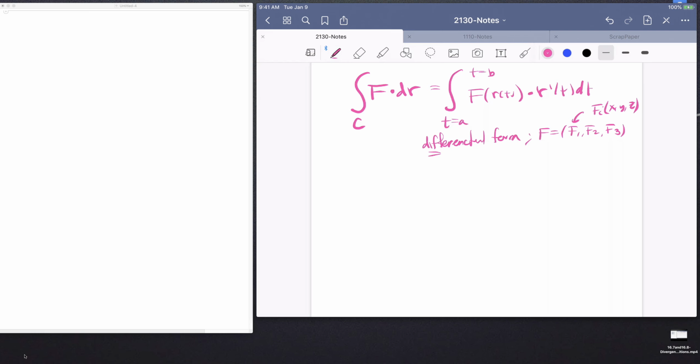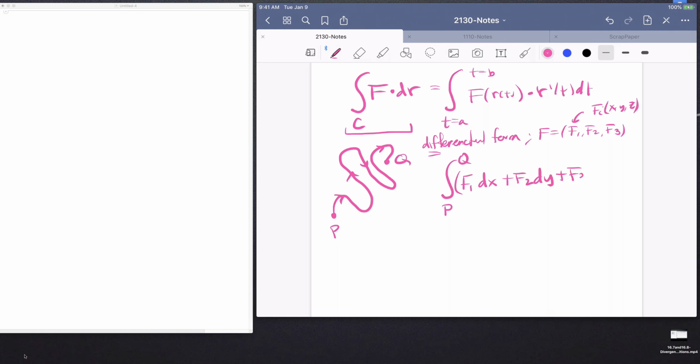Okay. So we know that this line integral can also be written as the integral along the curve C, and that curve C has endpoints P and Q. So let's say your curve C is a curve that does whatever it does, but starts at the point P and ends at the point Q. And then we know that this line integral is the same thing as the integral of f1 dx plus f2 dy plus f3 dz.